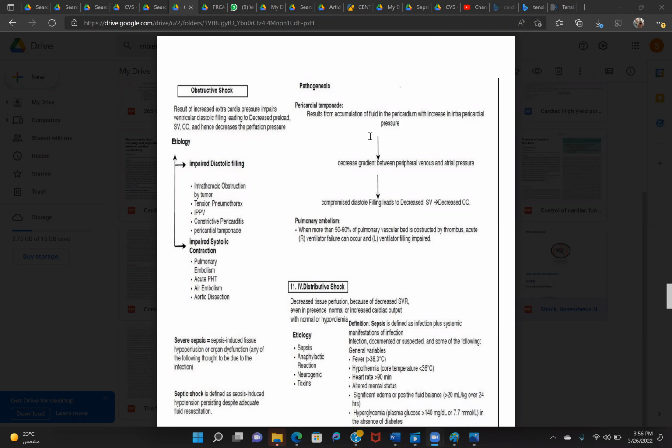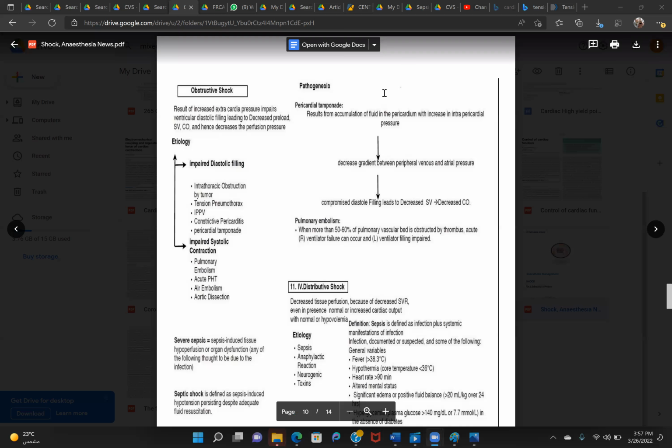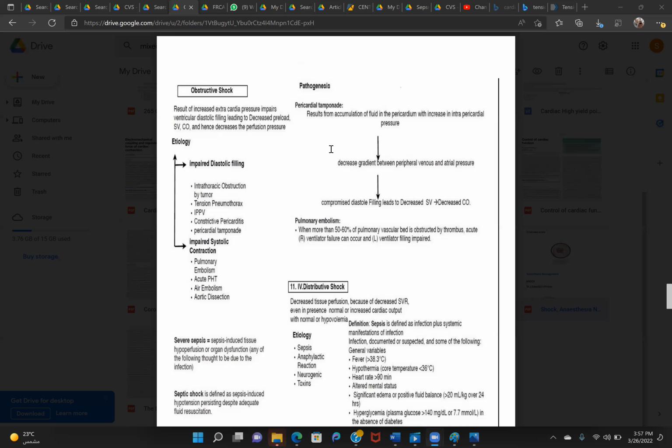Okay, so collapse of the lung and pulmonary vasoconstriction. No, collapse of the lung. In tension pneumothorax, it's a one-way valve. Only the air can enter, but cannot go out. It is gradually increasing, there is no way out, and it is increasing with the passage of time.